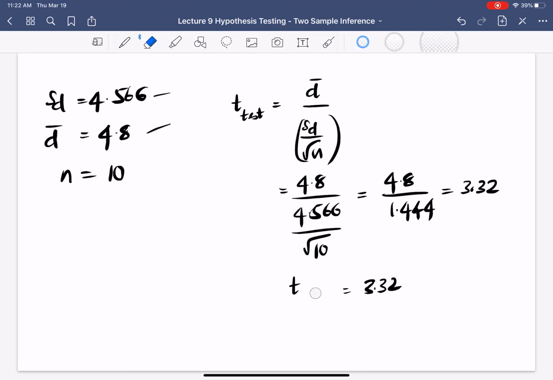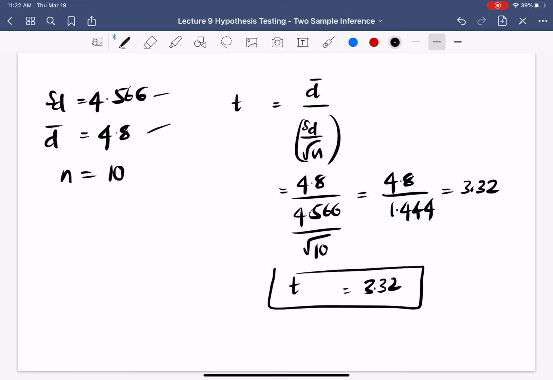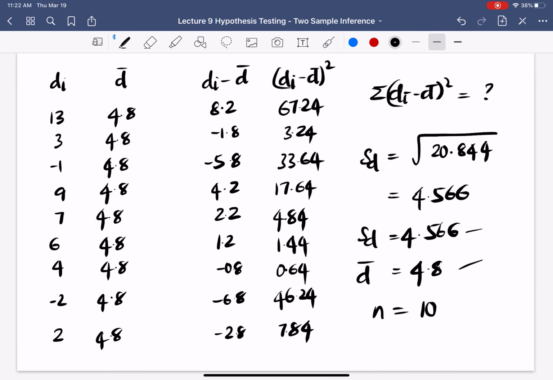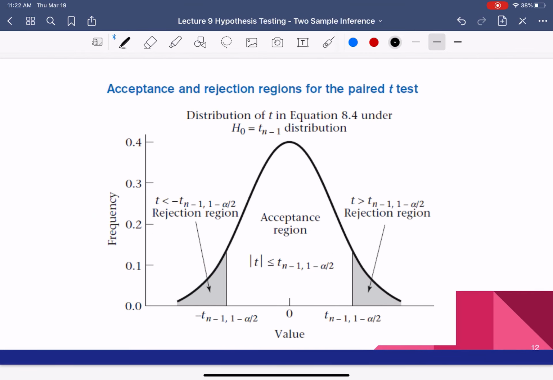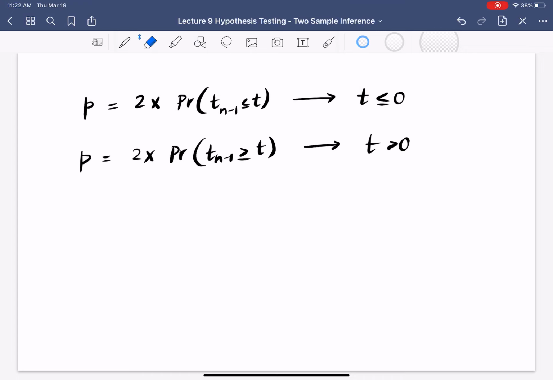Now, here they did not give us the critical value method, so they asked us to assess the significance. So let's use the T value itself as the answer. So this is the T value that you have. So notice that here the T value is greater than 0. So the P value probability becomes 2 times, oh, I'm sorry for the mistake, it's 2 times 1 minus the probability.